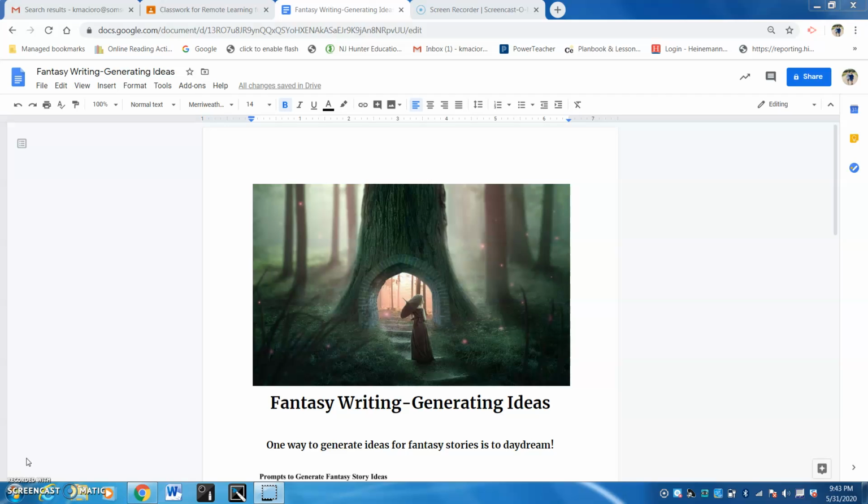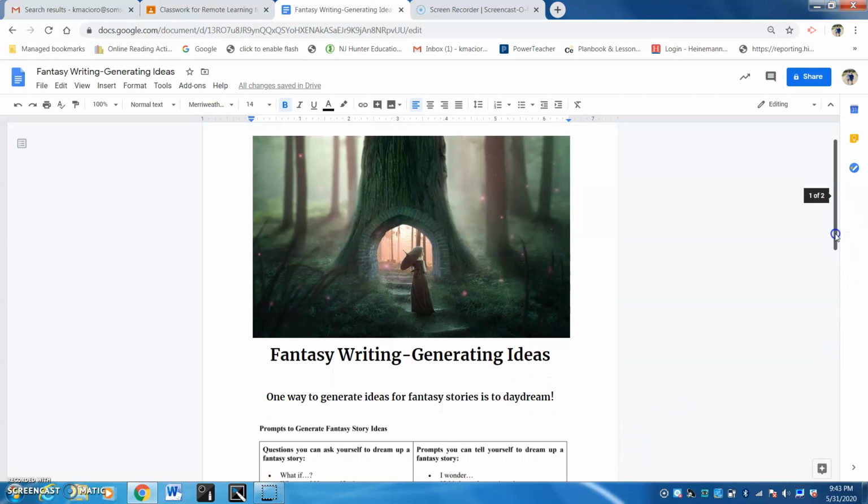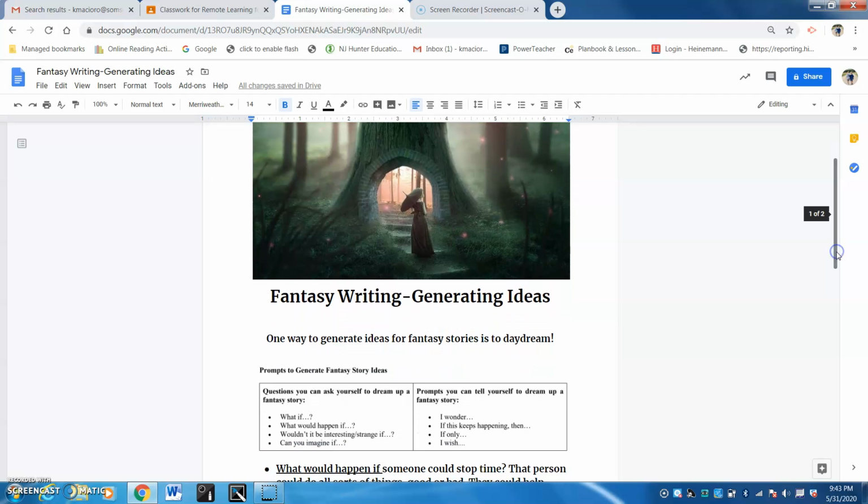Before we could actually write fictional stories, we have to generate some ideas. So today, we're going to look at a strategy of generating ideas. One way to generate ideas for fantasy stories is to daydream. Many fantasy fiction writers will sit and daydream and wonder, what if, what would happen, can you imagine?